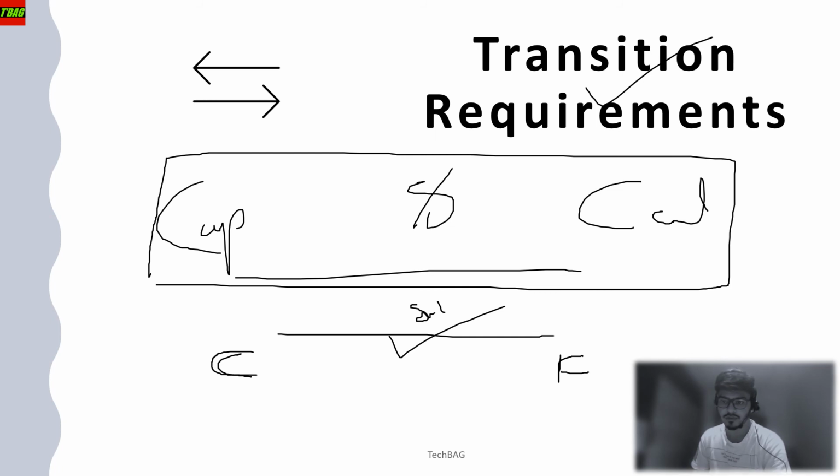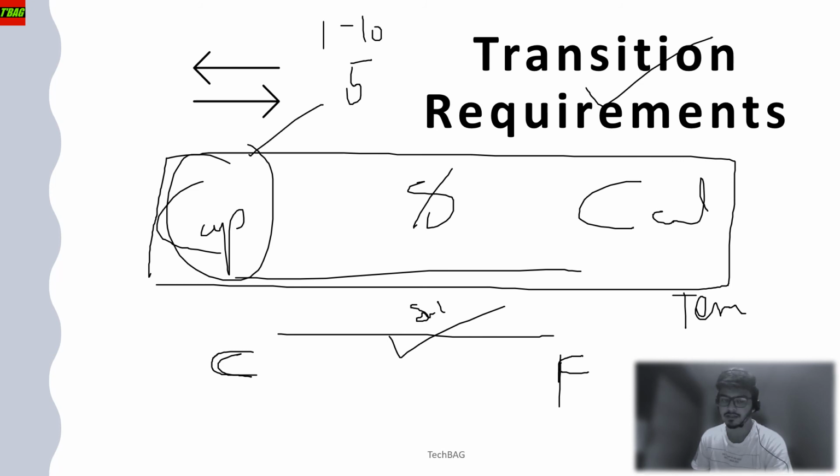Now these transition requirements are temporary, because when you work in an agile environment, basically you work on 1 or 10 tasks at a time. So if you're working on 5 tasks, you are making those 5 tasks capable and also satisfying all the conditions and moving this particular thing into the tool and deploying it.